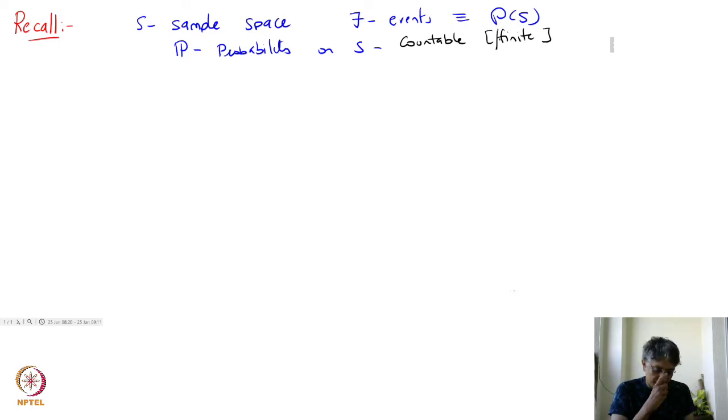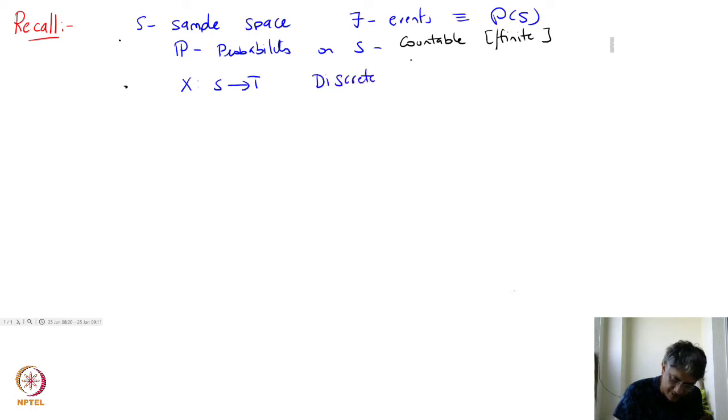Then we discussed X from S to T as a discrete random variable. So X from S to T, we've been discussing discrete random variables. This is where we are at.